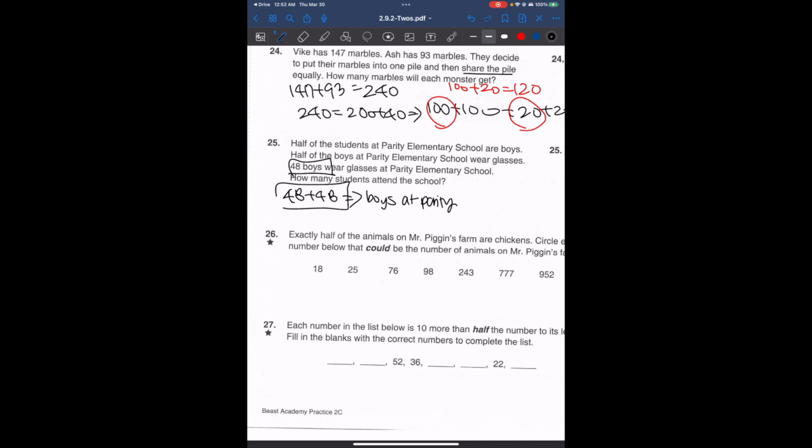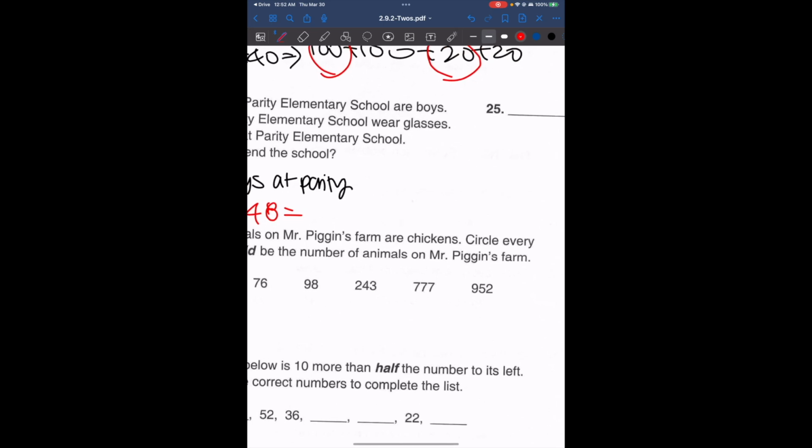But then this number itself is half of the students at Parity Elementary School. So considering this as one whole, we're going to add that 2 times, since that was half. So we're doing 48 plus 48 plus 48 plus 48.